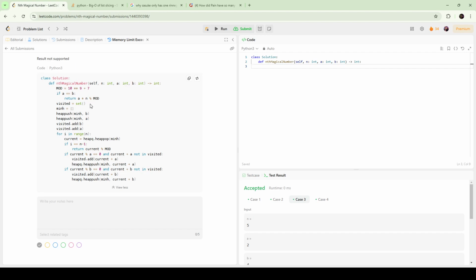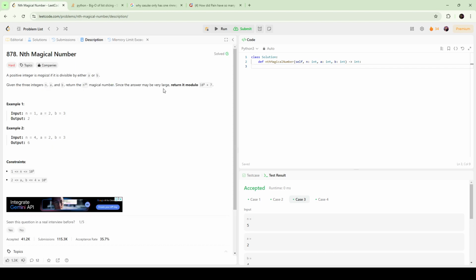Although I have a visited set to keep track of duplicate numbers, it doesn't help, right? So I need to come up with a solution that doesn't use too much memory or space, and basically I use binary search for this.